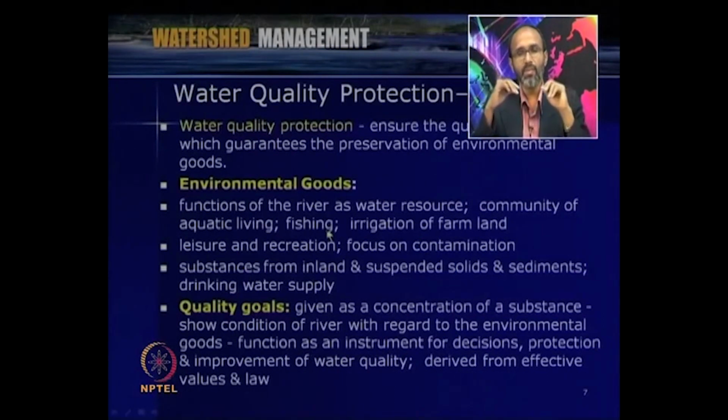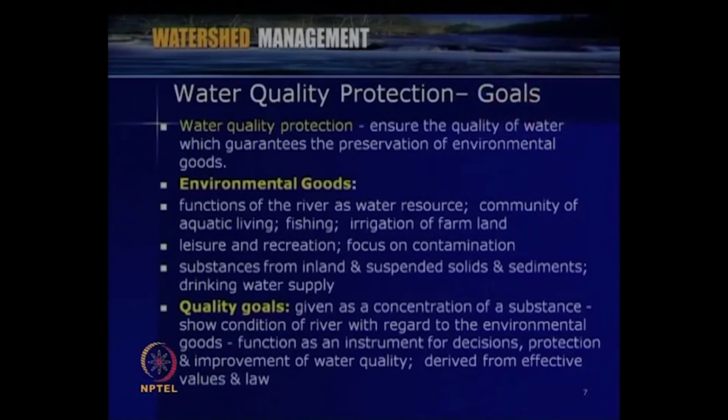For various countries or various standards, various quality goals will be set, depending upon the various environmental regulations, the specific water usage, and the location of the area. Many parameters are there to set a specific type of water quality goals or water quality protection measures, so all this depends upon various parameters.